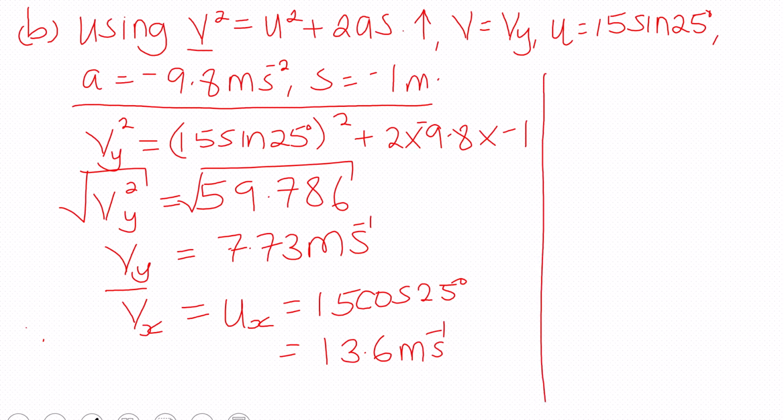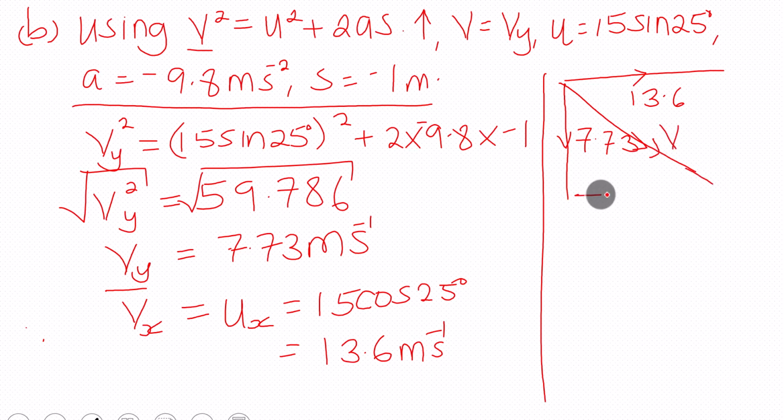So if we have the horizontal component of velocity, it will be like that, and the vertical will be like this. So the vertical is 7.73, and the horizontal is 13.6. Here we need the resultant velocity, which we can call v, and then the angle it makes with the horizontal ground.